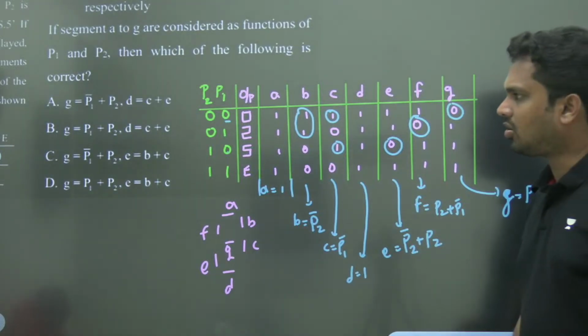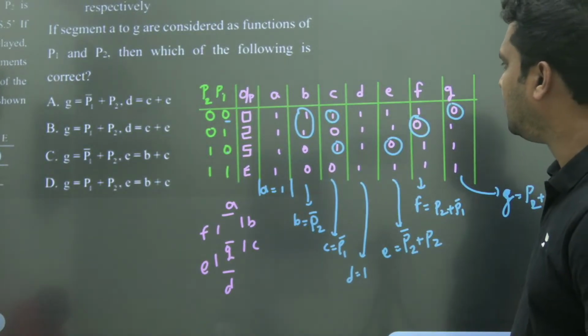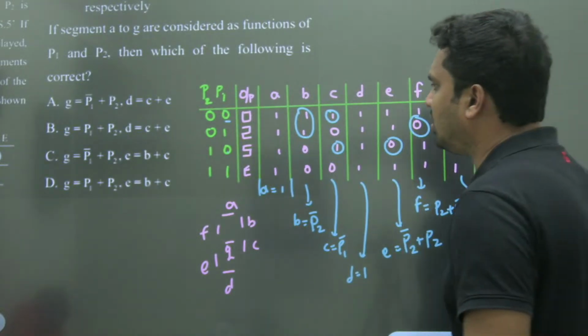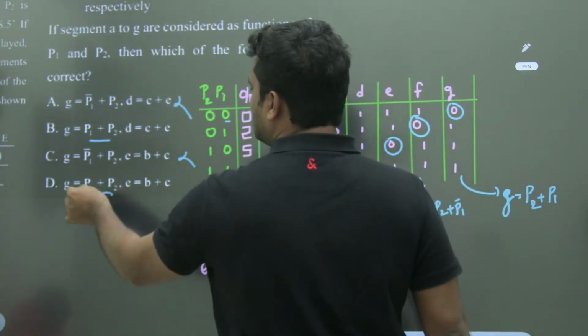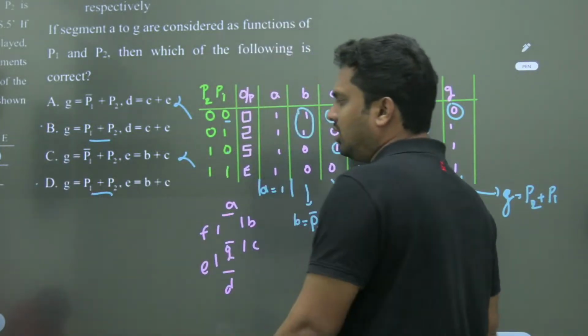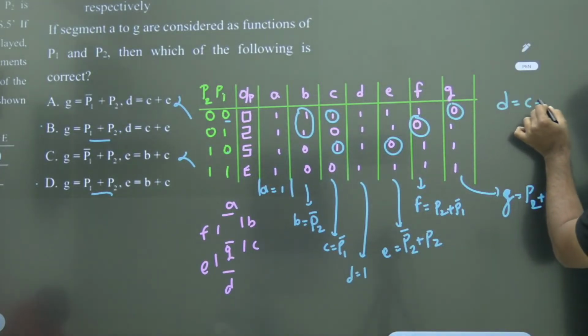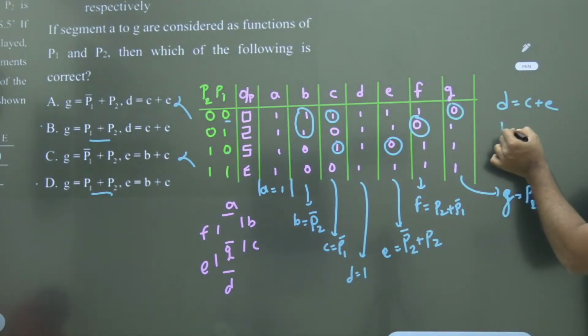Now, the examiner's options. Option A, G equal to P1 bar plus P2. G is equal to P1 plus P2, no? So that is wrong. G equal to P1 plus P2 is correct. Out of B and D, one will be the right answer. He is saying D equal to C plus E. D is equal to 1.